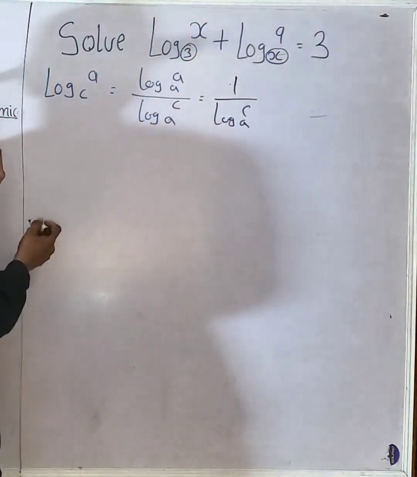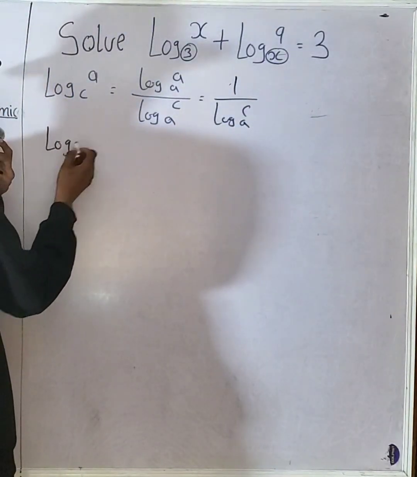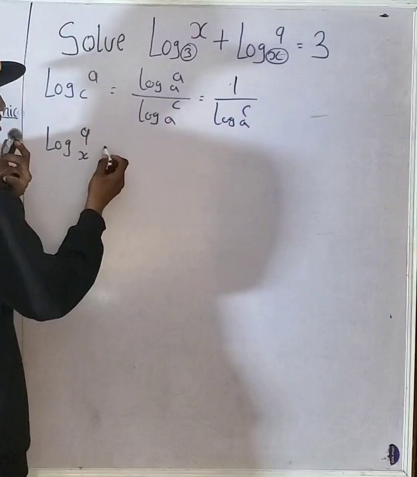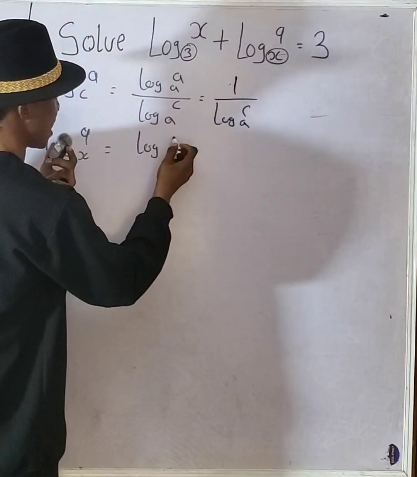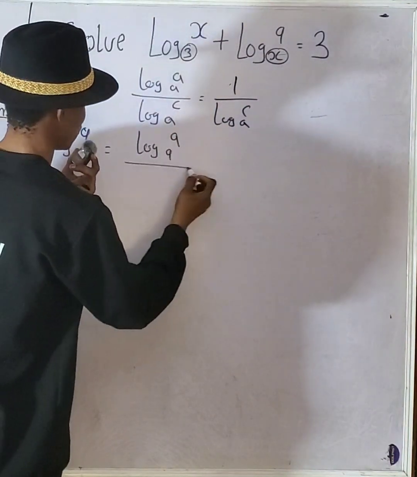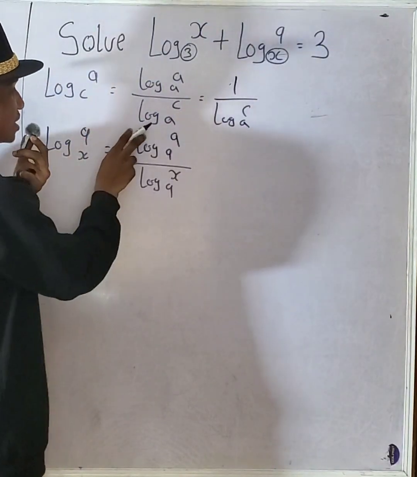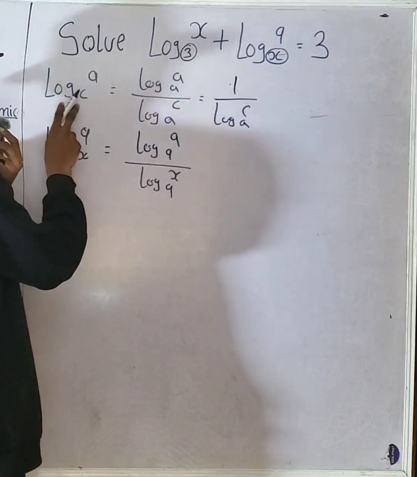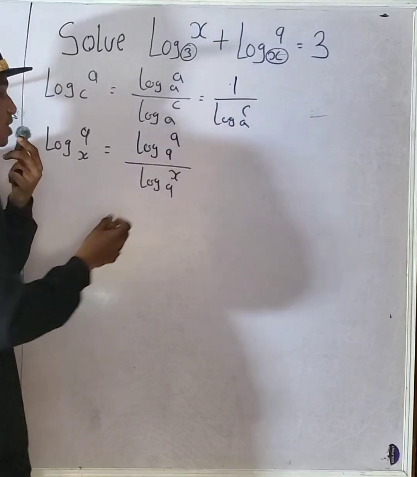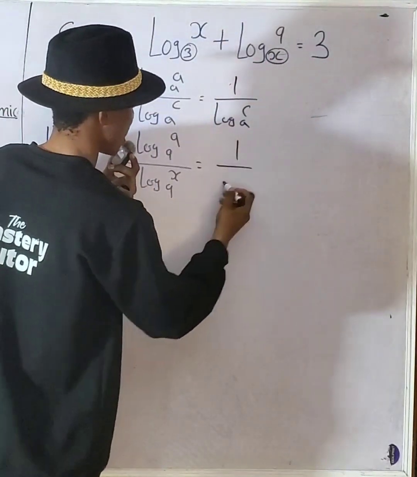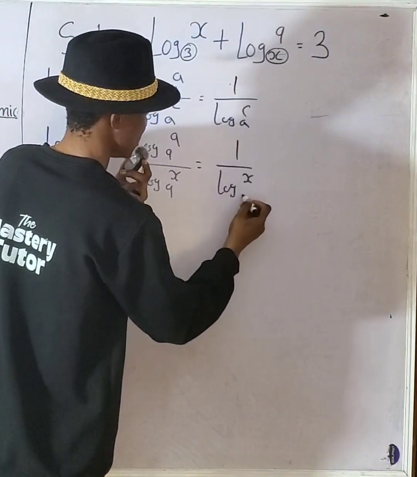Let's go back to the question. That means if I have log 9 base x, log 9 base x can be written as log 9 base 9 all over log x base 9. Are you getting it? I just changed the base just like I did for log a base c. So here I'm going to have 1 over log x base 9.